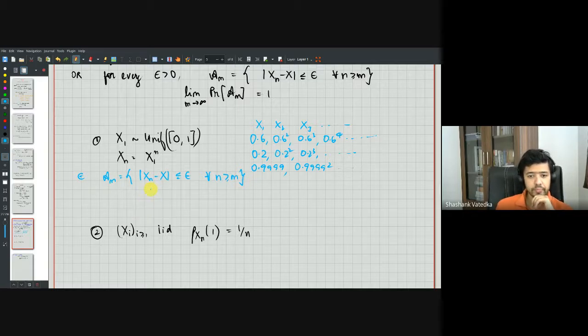Now suppose that we fix an epsilon and we fix an m. We want to know what is the probability that |xn − x| is less than or equal to epsilon, where in this case we're guessing that x is equal to 0.